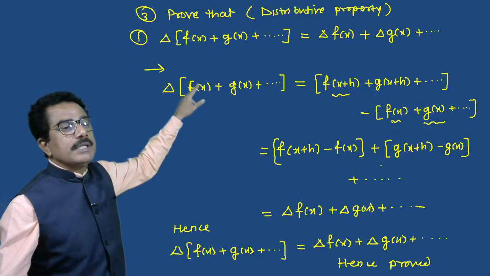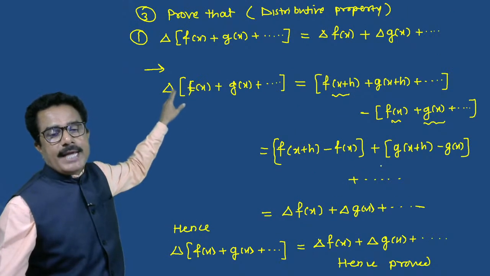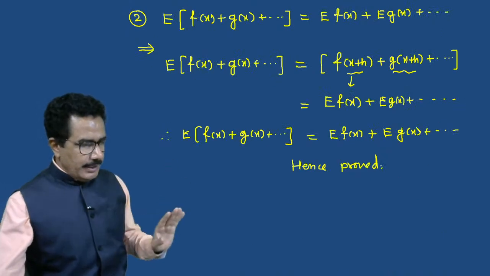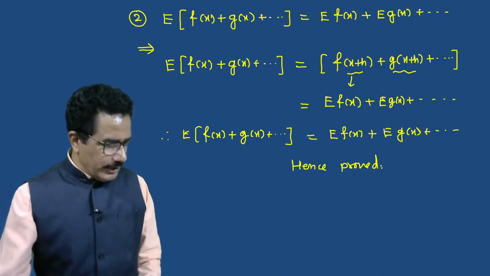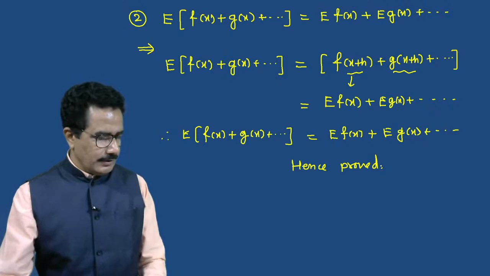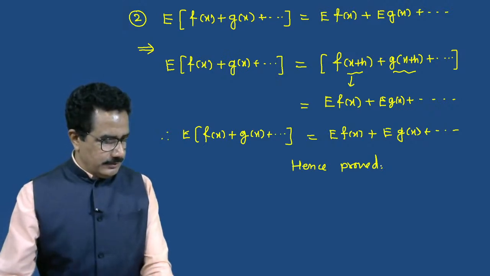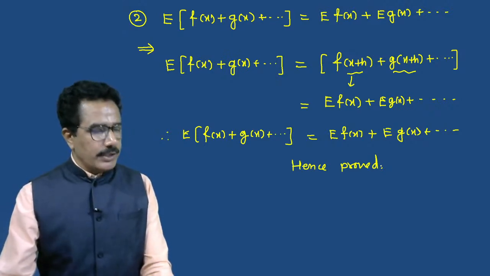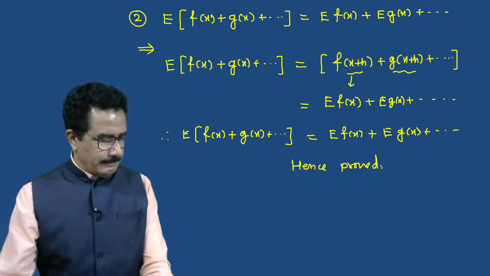Means we have proved the distributive law for delta and E. Similarly, we have to prove the commutative law with respect to the constant.